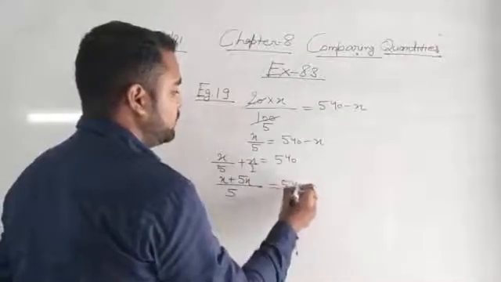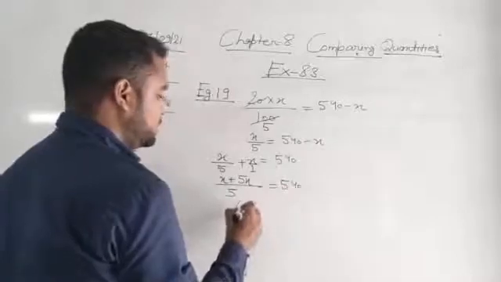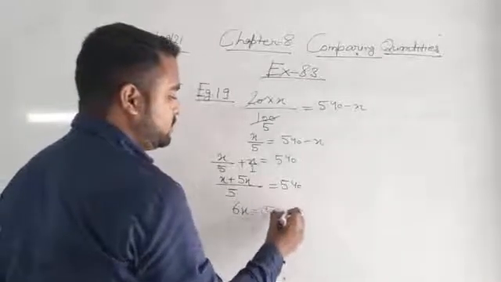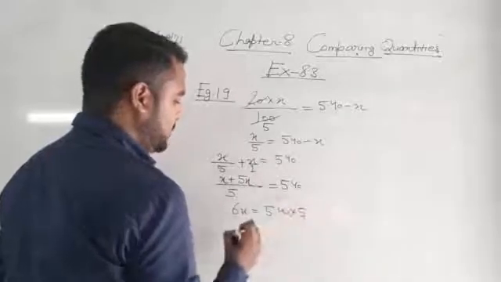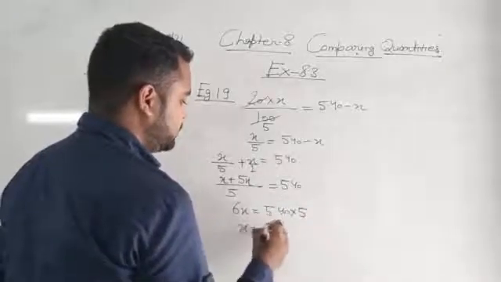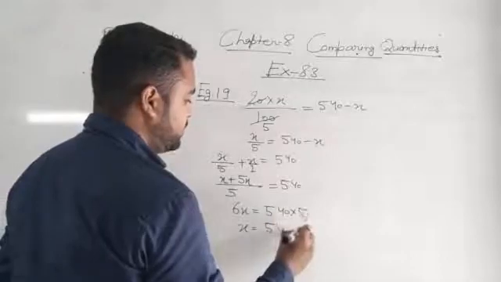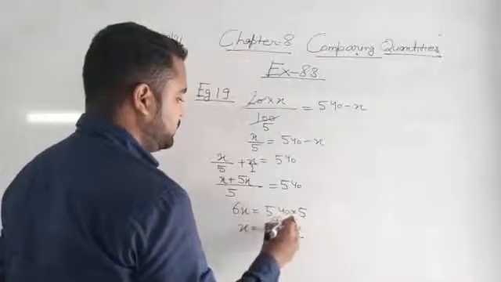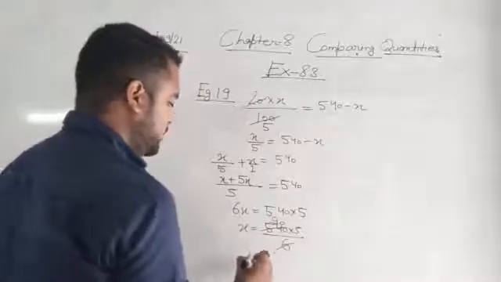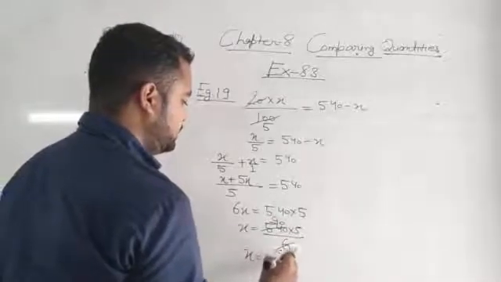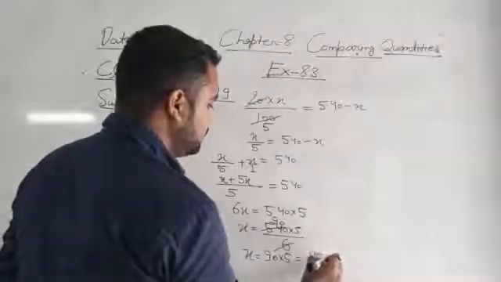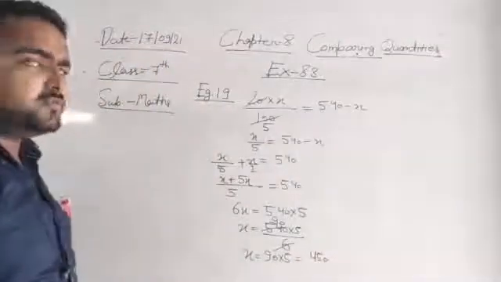Here we get 6X equals 540. This 6 goes to that side and comes with a division sign, so X equals 540 upon 6 into 5. 6 nines are 54 and 0, so X equals 90 into 5, that is 450.